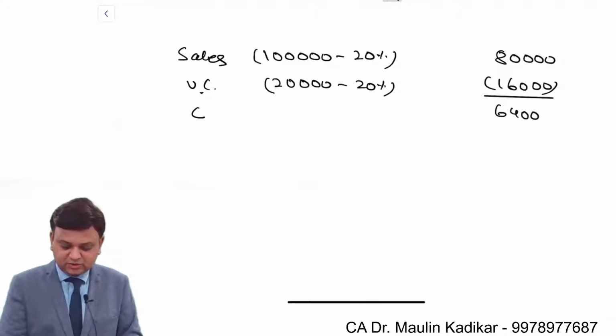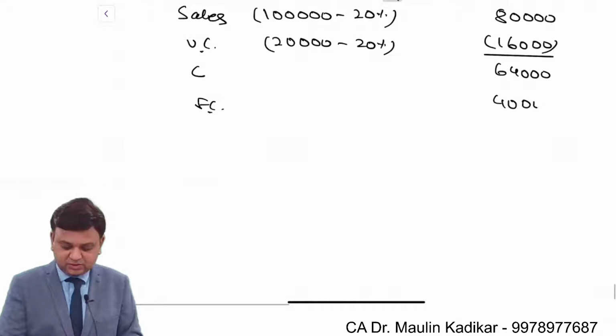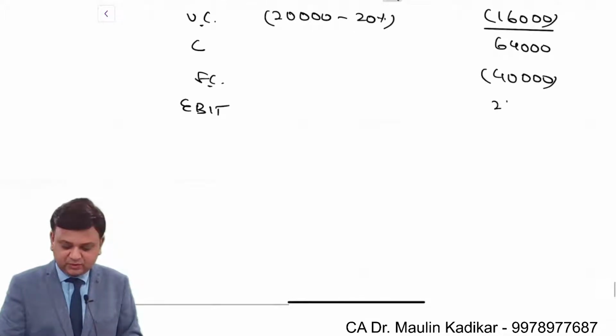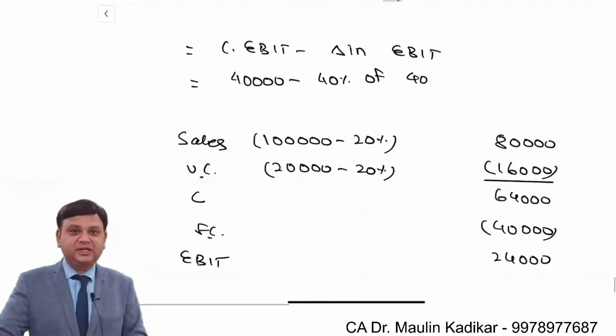Contribution is 64,000. Fixed cost is 40,000. So EBIT is 24,000. That is the way EBIT can be found.